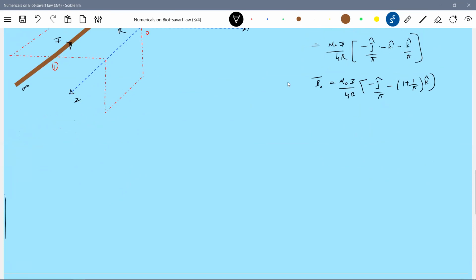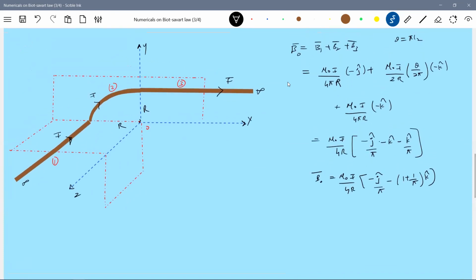Pi by 2. Theta substituted here, pi gets cancelled. Okay, 2 will come here. For this, 2 will come then. 4 we took it, no? 1 by 2.